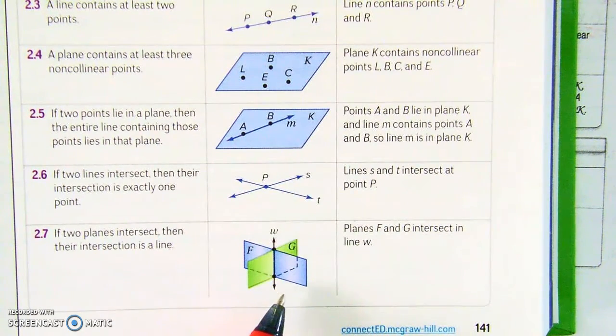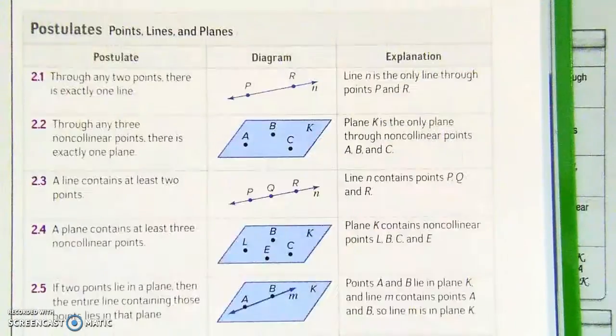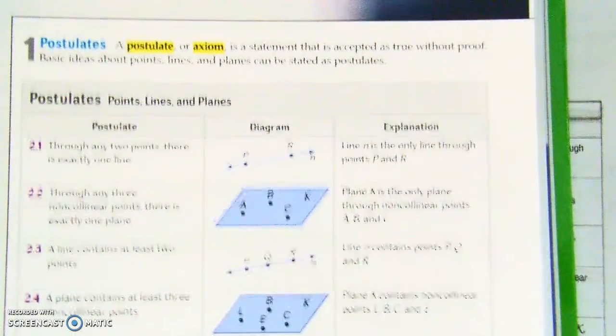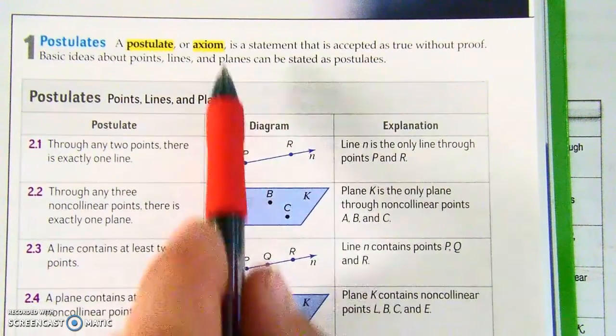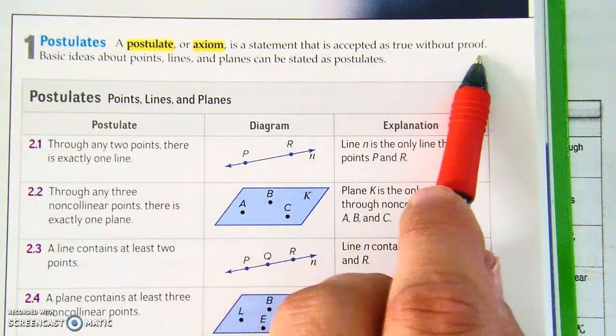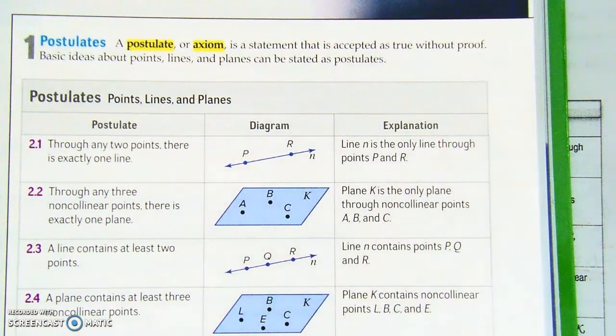Here, same thing with the ceiling to a wall. Again, creates a line that we can visually see. Okay, so that's from the book, and it's important that we understand what postulates are. So let's review again. A postulate, or an axiom, is a statement that is accepted as true without any proof at all. Okay.